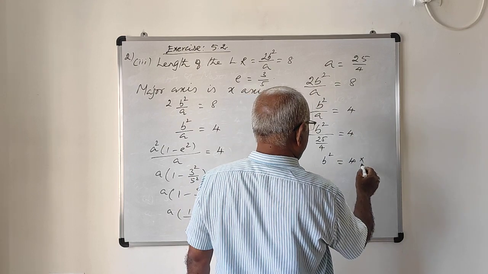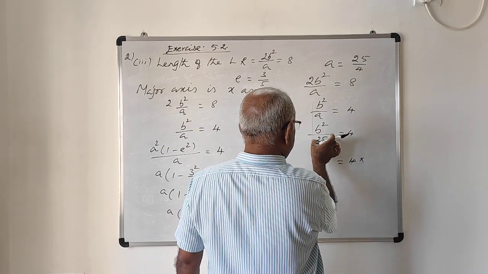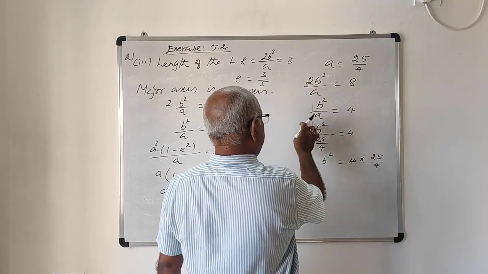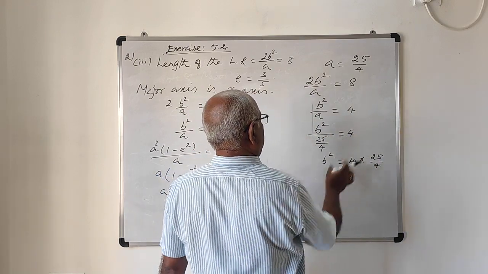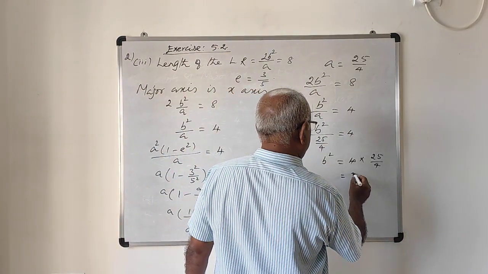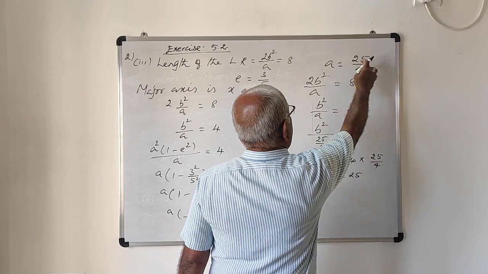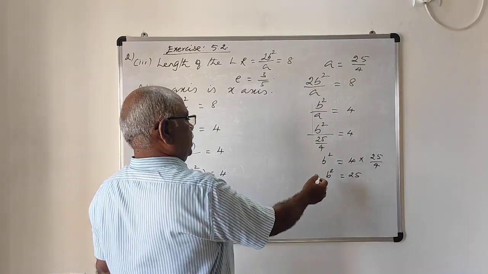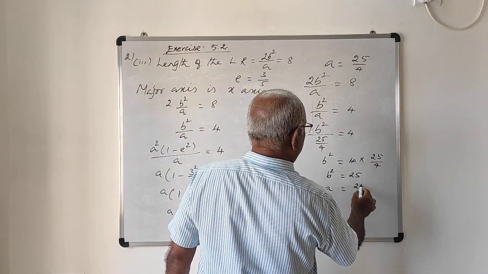The 4 cancels, and you will get 25. B square is 25, a is 25 by 4.